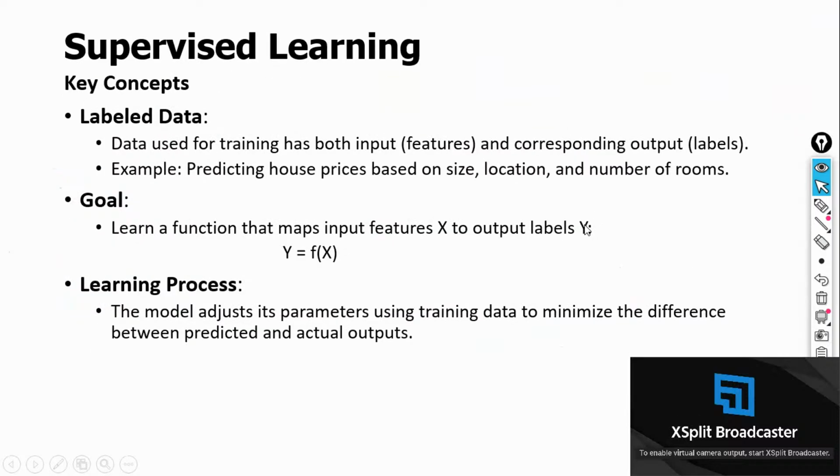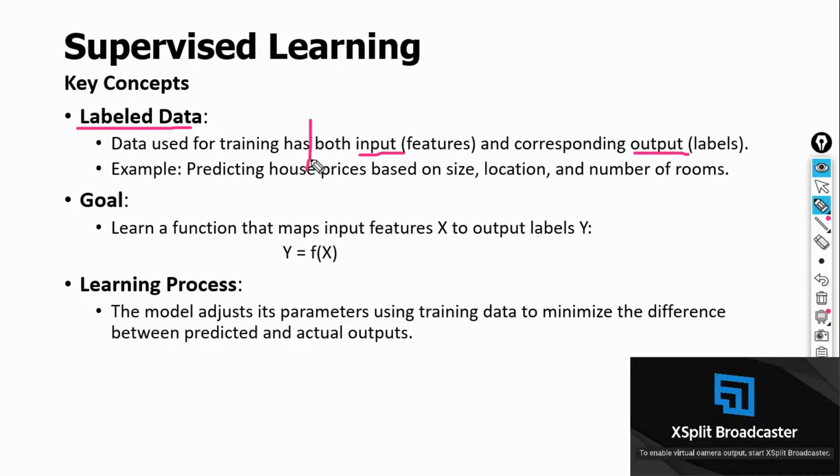Yeah, so supervised learning algorithms are actually built on top of labeled data. What is labeled data? Labeled data is the data that has both inputs and output. Okay, here are some examples. Predicting house prices.